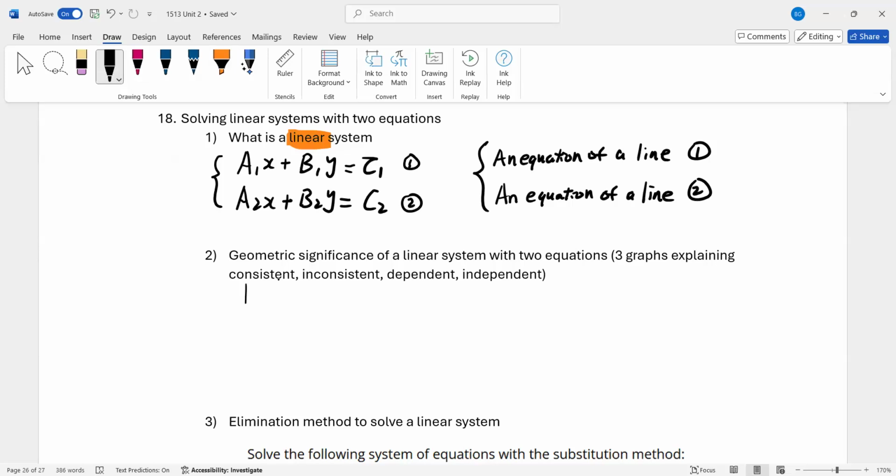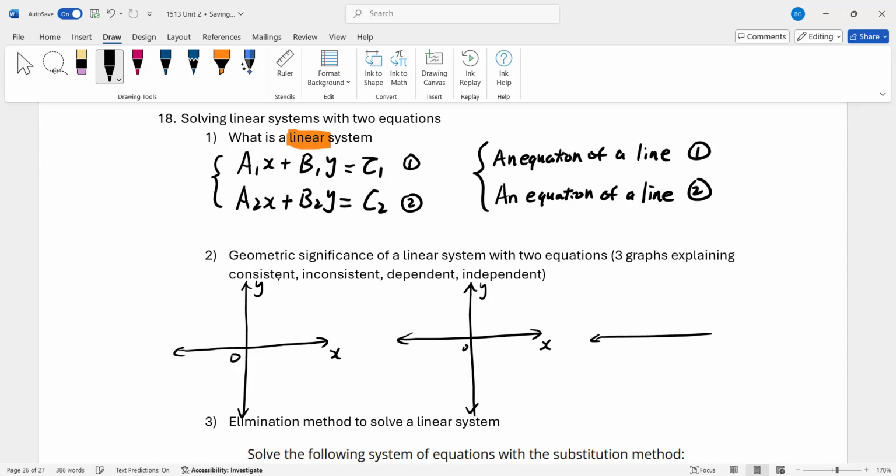I'm going to draw three rectangular coordinate systems, and show you the three cases. Case 1, this is case 2, this is case 3.